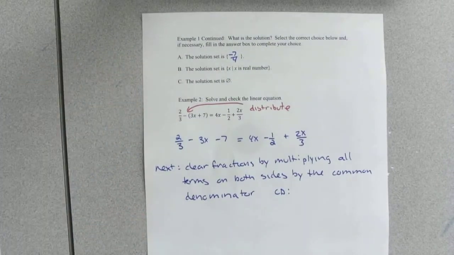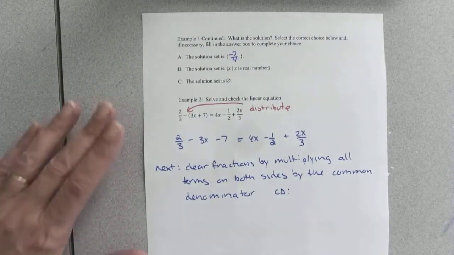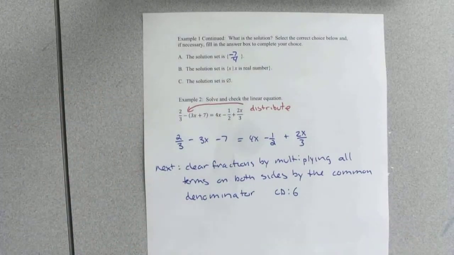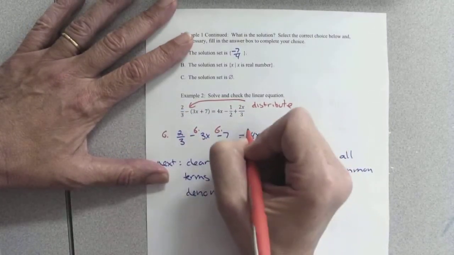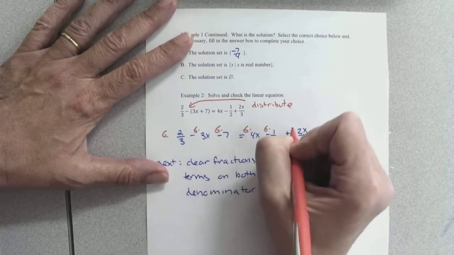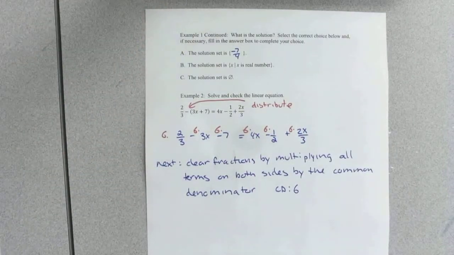CD will always stand for common denominator, so I look at my denominators, I've got 3 and 2, so my common denominator is 6. And so I'm going to multiply everybody by 6. And it's really 6 over 1 that you're lining up with the numerators.